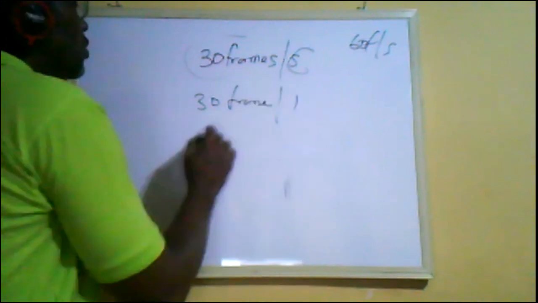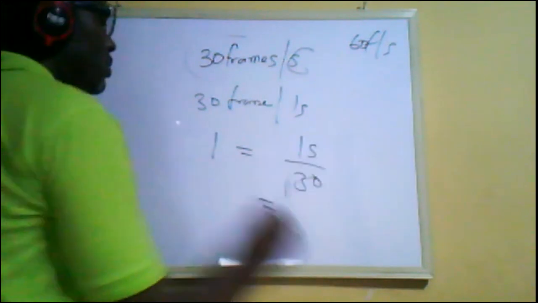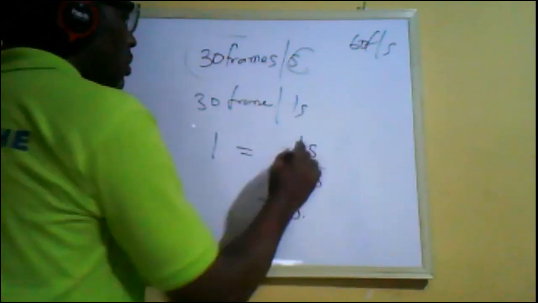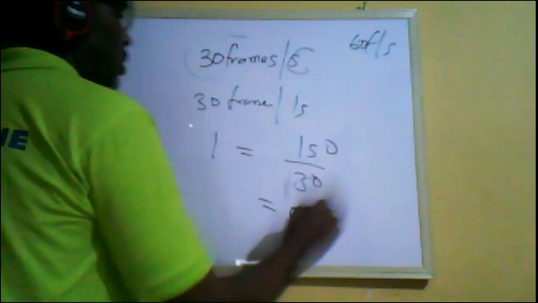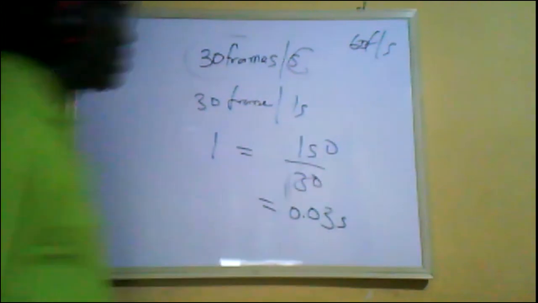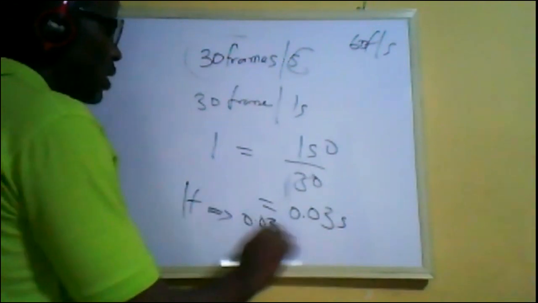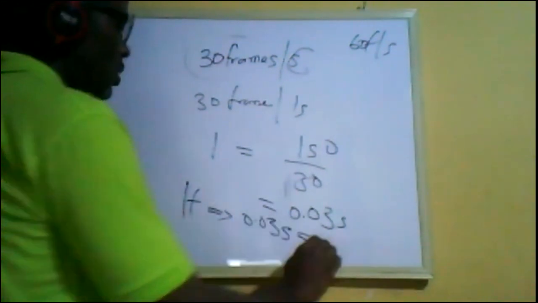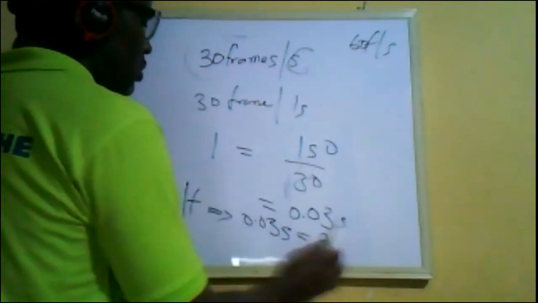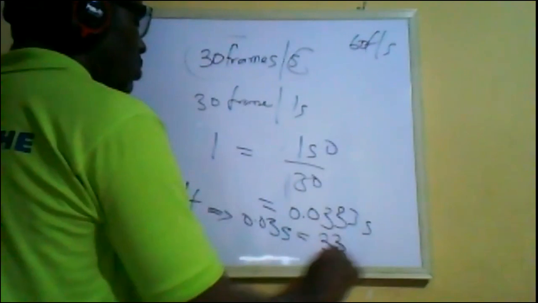So in 1 second we have 30 frames, so one frame I'm going to acquire in 1/30 seconds. That is 0.03 seconds, 0.033 and so on.